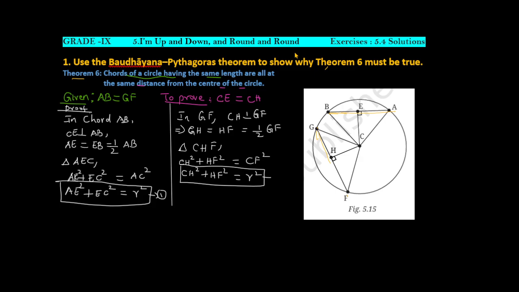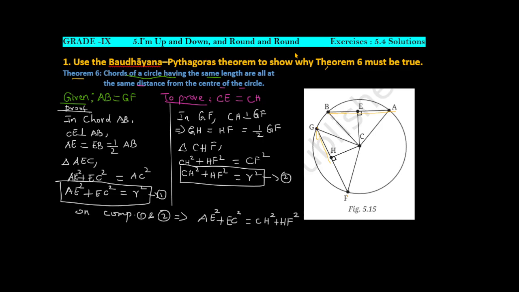On comparing 1 and 2, the right sides are equal. So we can equate the left sides: AE squared plus EC squared is equal to CH squared plus HF squared.